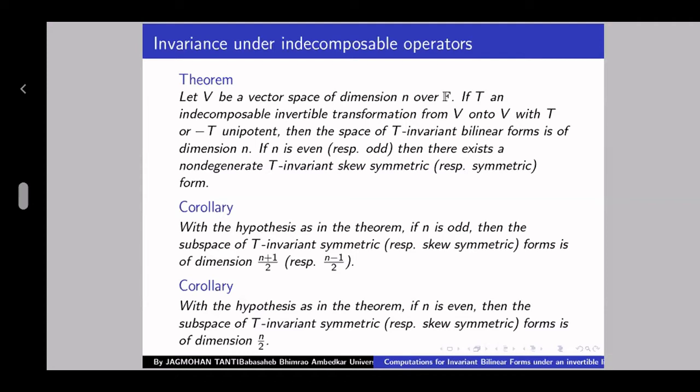Then the space of T-invariant bilinear forms is of dimension n. If n is even, there exists a non-degenerate T-invariant skew symmetric form. If n is odd, there exists a non-degenerate T-invariant symmetric form.